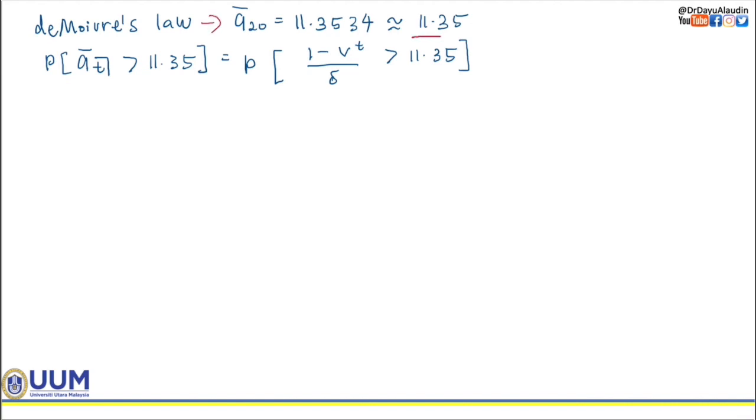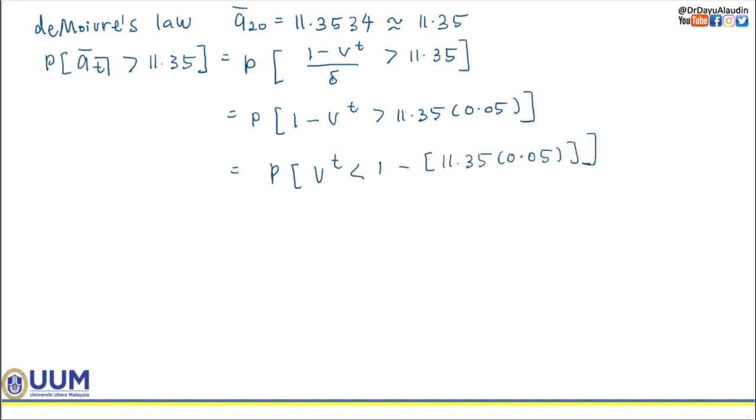So we just take 11.35 and then we substitute inside here and solve this equation inside the bracket to find the T. We want to find how many years the insurance company has to make sure the fund is sufficient to pay the annuitants.